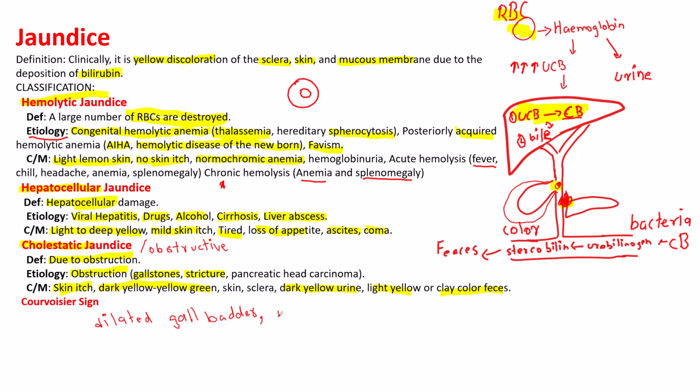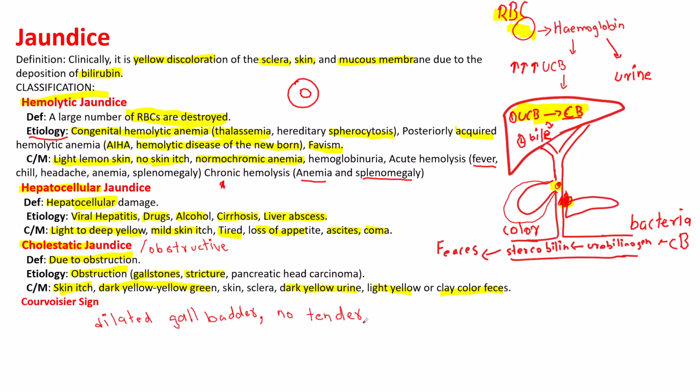Second, we have no tenderness, or in simple words no pain in the gallbladder, because if we have some stone or something obstructing the gallbladder, this is really painful for the patient. But in external obstruction, like due to pancreatic head cancer, there is no tenderness, no pain.